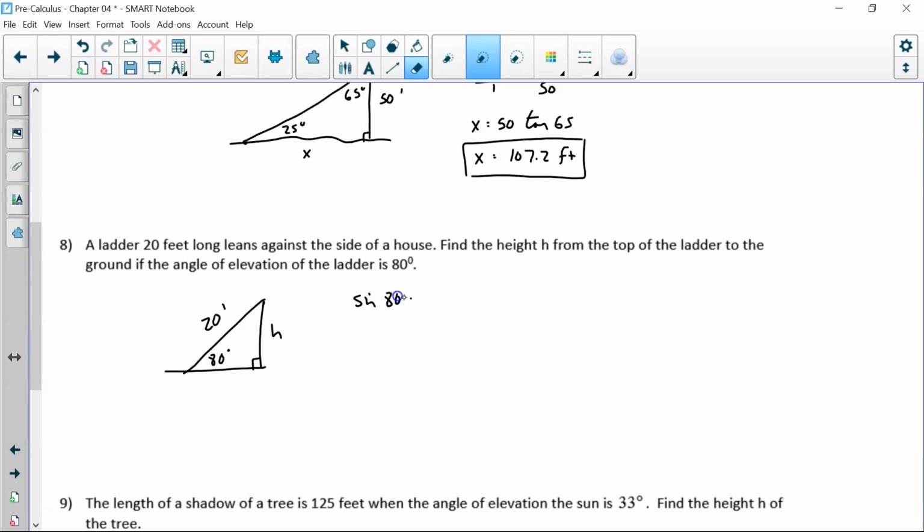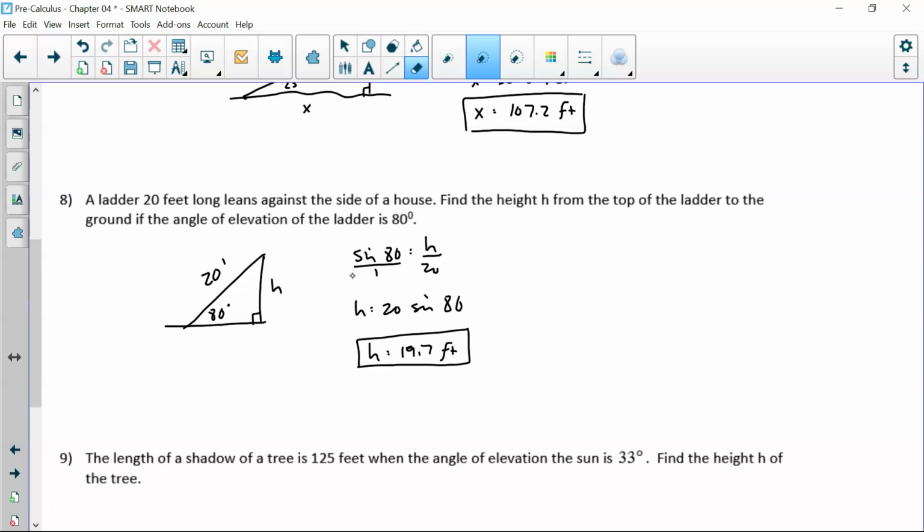Sine of 80 equals h over 20. So h equals 20 sine of 80. H equals about 19.7 feet. It's a little bit of an aggressive angle. I don't know if I would use an 80-degree angle in a house, but it's just a math problem.